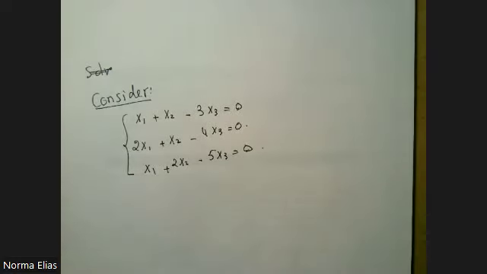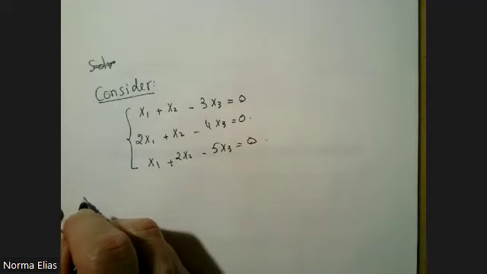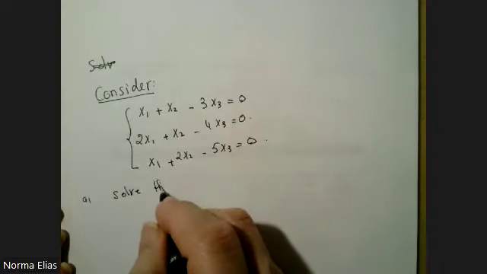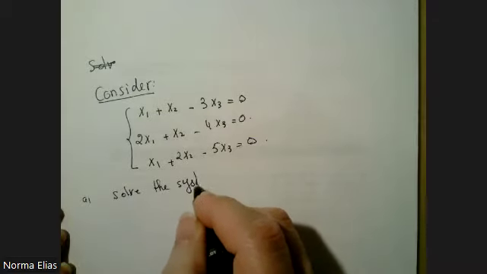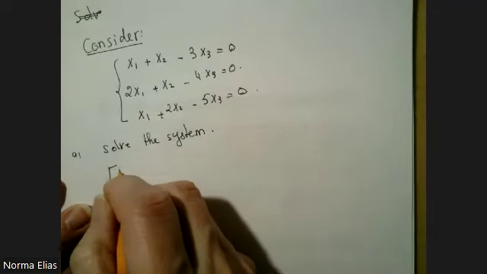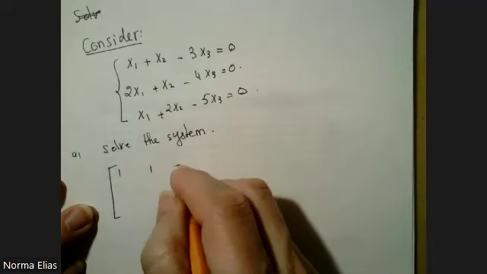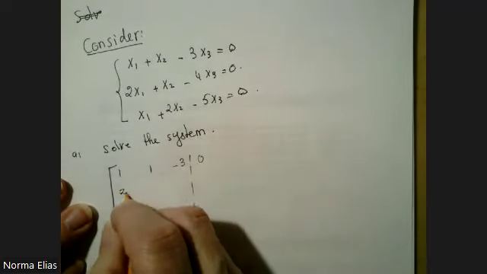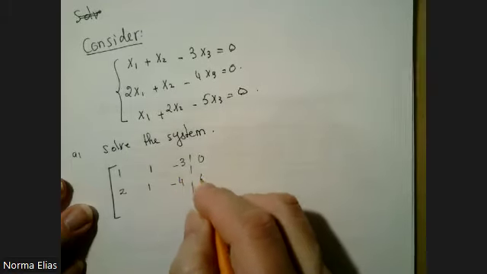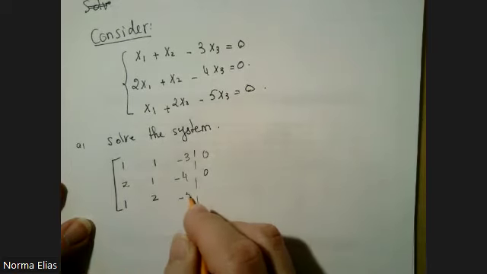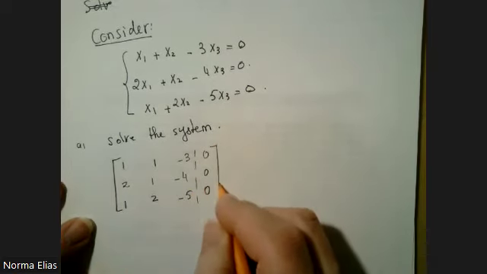Let us consider the system. Question number 1 is, solve the system. Okay. I have to move to a pencil because I made a mistake here. The augmented matrix is 1, 1, minus 3, 0; 2, 1, minus 4, 0; and 1, 2, minus 5, 0.